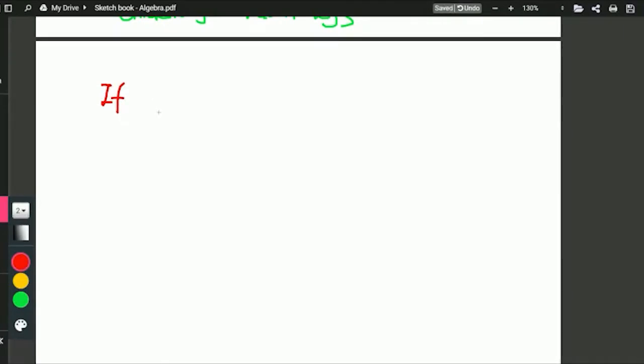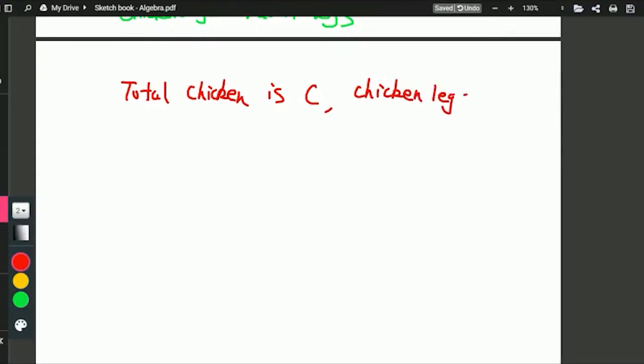If the total chicken is C, then chicken legs is 2C, because each chicken has 2 legs. So if you have C chickens, then the chicken legs should be twice that number.